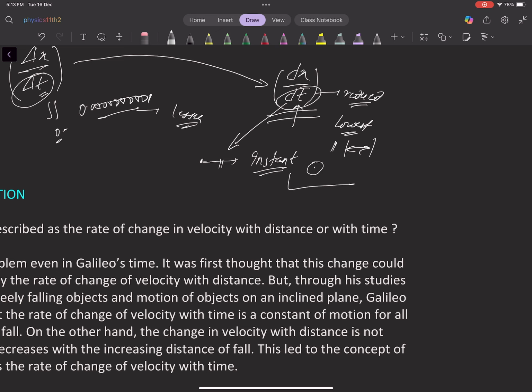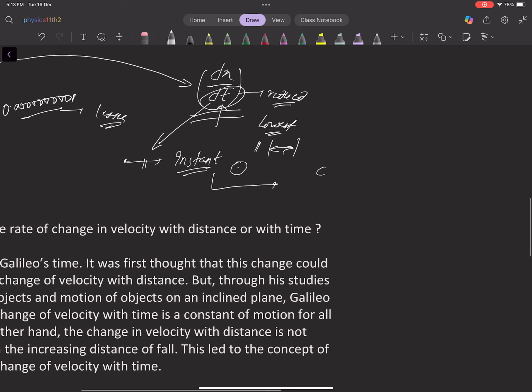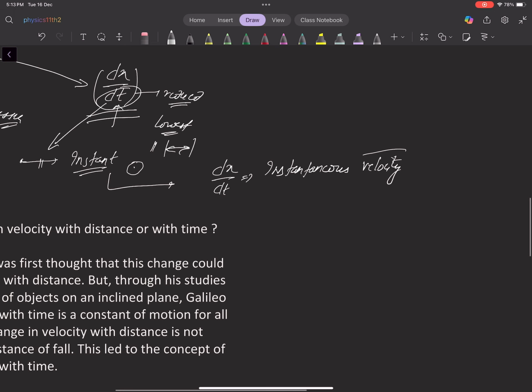In such an instant, we call this dx upon dt instantaneous velocity. Why are we referring to it as velocity? Because it has magnitude as well as direction. That is why it is called instantaneous velocity, right?